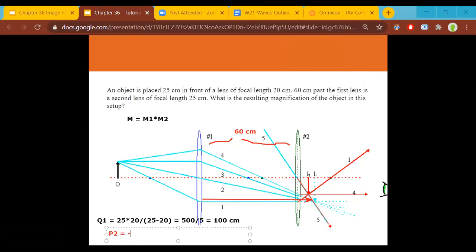Because the image is created at 100 centimeters on the right side of the first lens, and there's a distance of 60 centimeters, the object location for the second refraction is going to be negative 40.